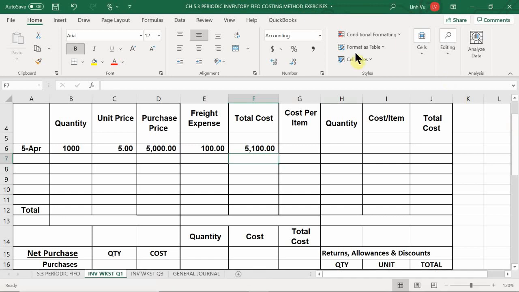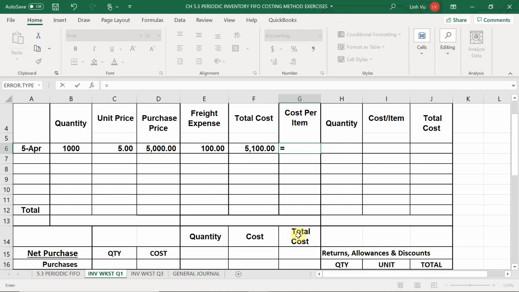Then the next formula we have here is going to be my cost per item. It's going to be my total cost of 5,100, and I'm going to divide that, using my slash, by my total quantity of 1,000.